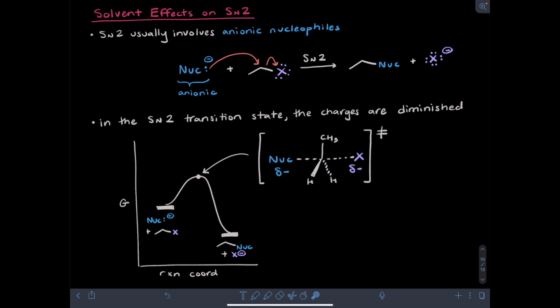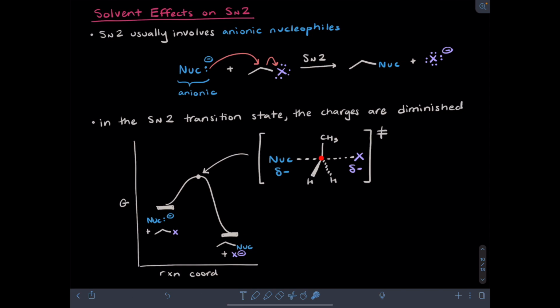If I looked at the transition state, I would have partial bonds between the alpha carbon and the departing halide, as well as a partial bond between the alpha carbon and the incoming nucleophile. I have partial negative charge on the nucleophile and partial negative charge on the halide.